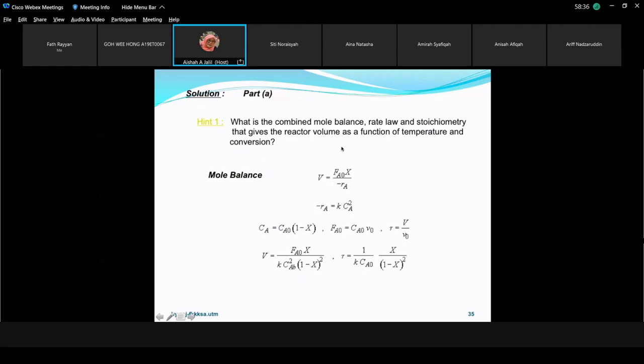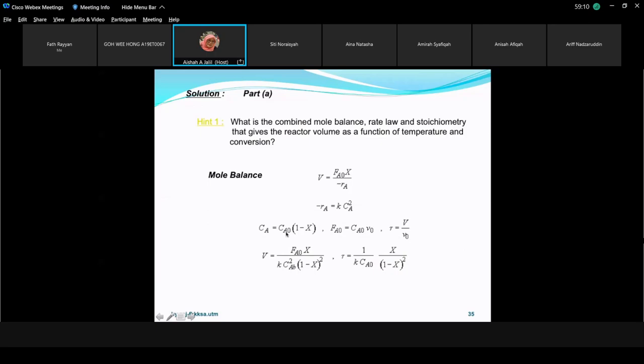What is the combined mole balance, rate law and stoichiometry that give the reactor volume as a function of temperature and conversion? So you have to arrange the equation. Okay, so V, the mole balance for CSTR, equals Fa naught X over negative RA. Because of second order, you can see in the question, the reaction is second order, so you get negative RA equals K Ca to the power of 2.